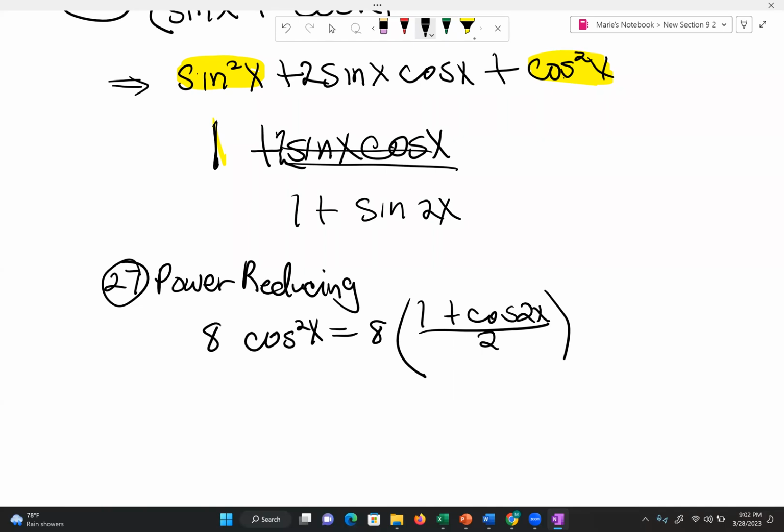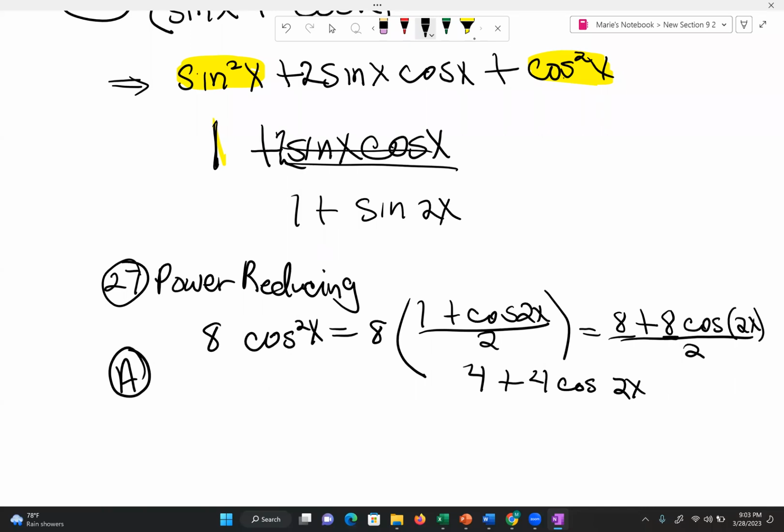If I distribute the 8, notice that this is going to become 8 plus 8 cosine of angle 2x over 2, which if I divide by 2, I'm going to end up with 4 plus 4 cosine 2x. And so that's number 27. That answer choice, I believe, is A for your review packet.